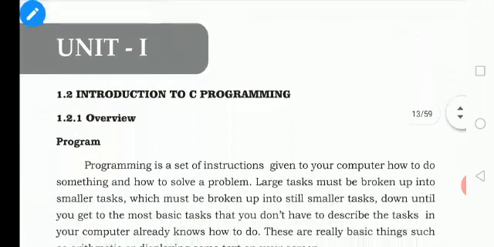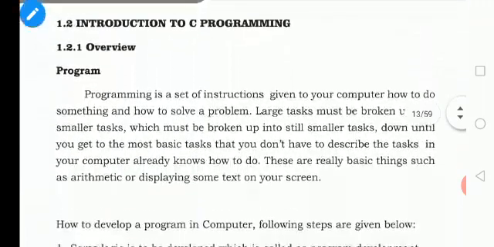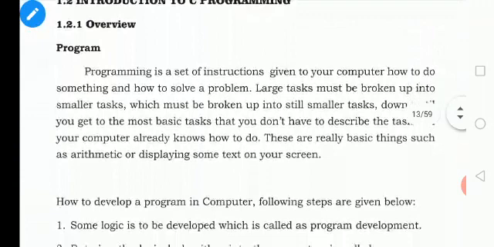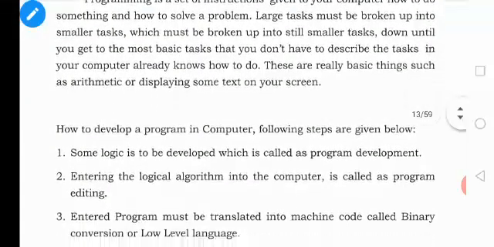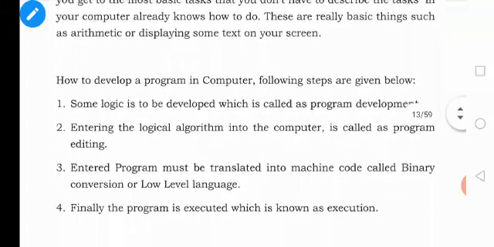Then we have seen the introduction to C language, isn't it? So what is a program? A program is a set of instructions. Already I taught you, a large task will be broken into smaller parts. Those smaller parts can be easily executed and known to the computer. What do we have to develop in a computer for the program?